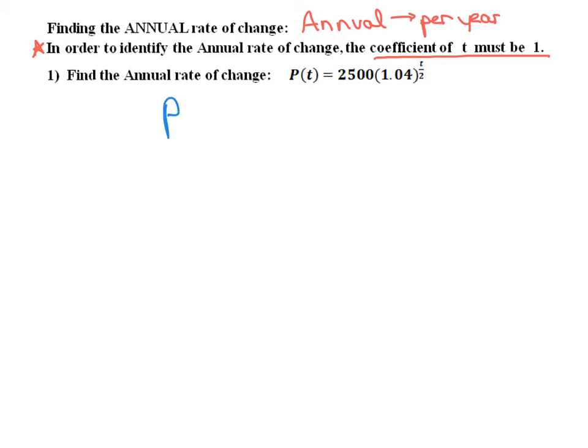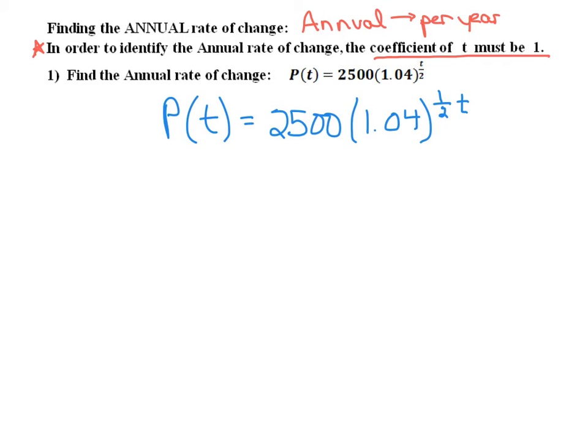So looking at our equation, we've got p of t is equal to, our original population, 2,500, isn't really affected in this process. When I look at this base, 1.04, I see that my exponent is t over 2. So I could also write that as 1/2 times t.